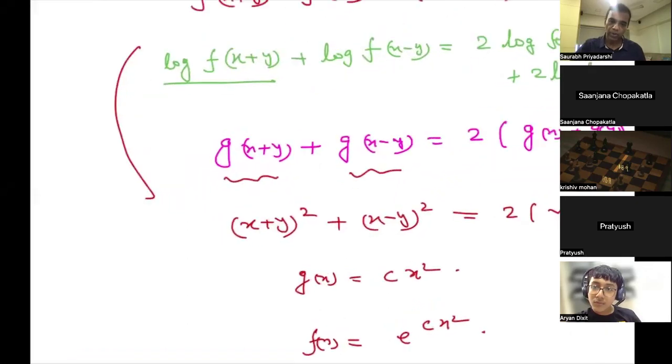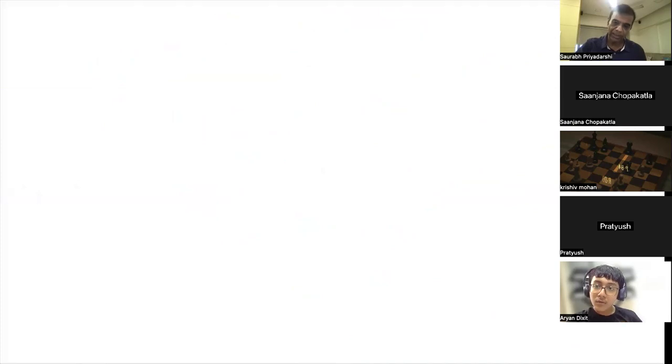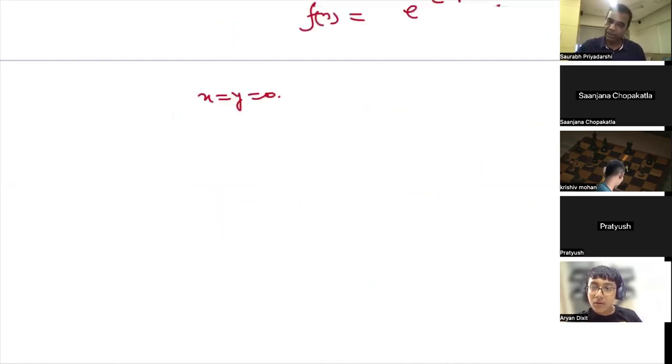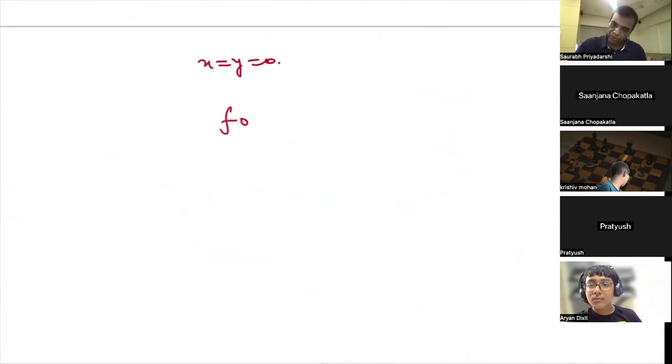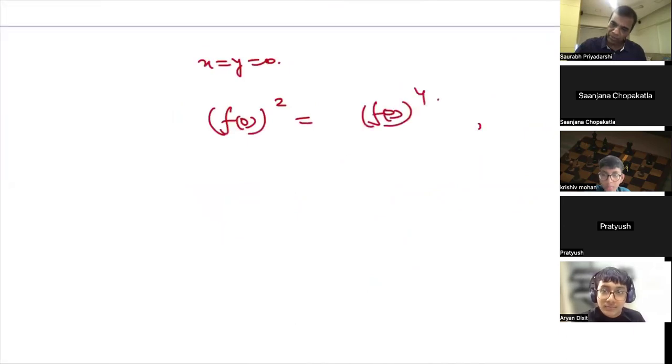Few more observations are there. If I put x equal to y equal to 0, the number I'm getting is f0 into f0 is equal to f0 to the power 4. So the value of f0 is either 0, 1 or -1.